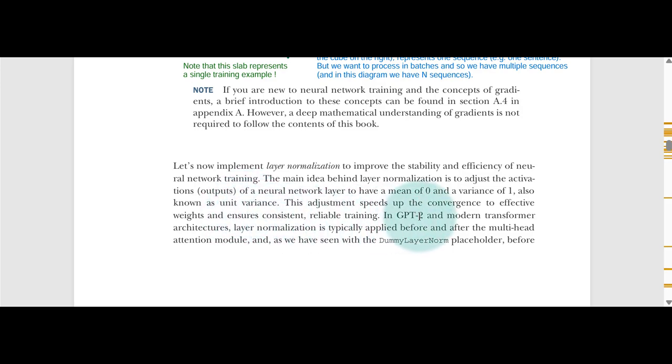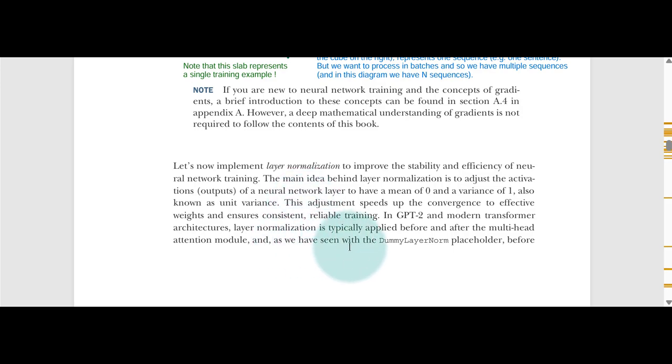In GPT-2 and modern transformer architectures, layer normalization is typically applied before and after the multi-head attention module. So, the reason they do this is they experimented with it, and it turned out to work better than not doing it, in terms of how good the outputs that we get from a given prompt are.